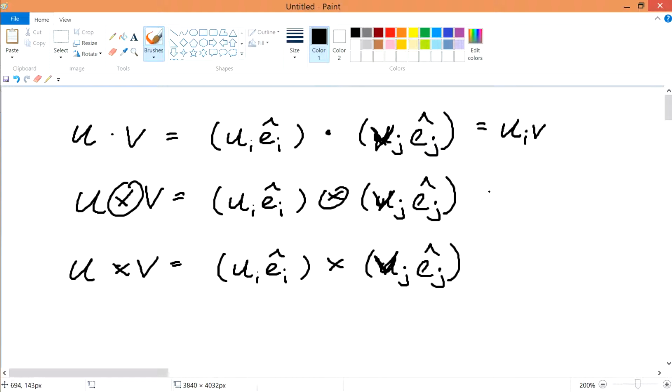Alright, and therefore if I were to group all the v's together, the u's and the v's, the rest is simply working on the basis vector.